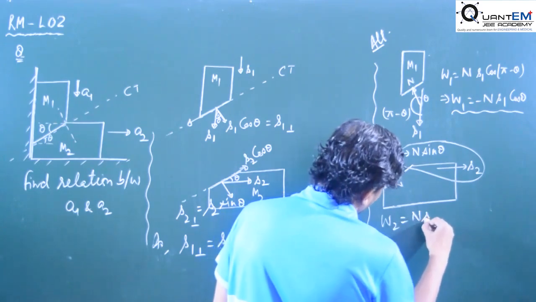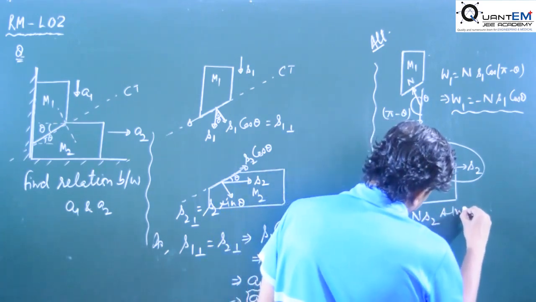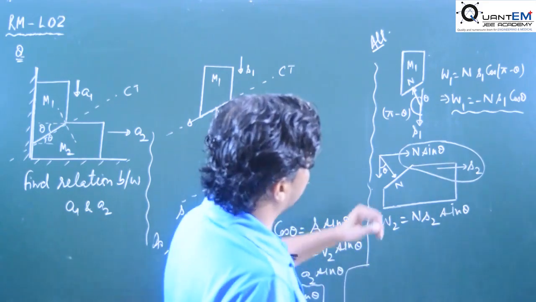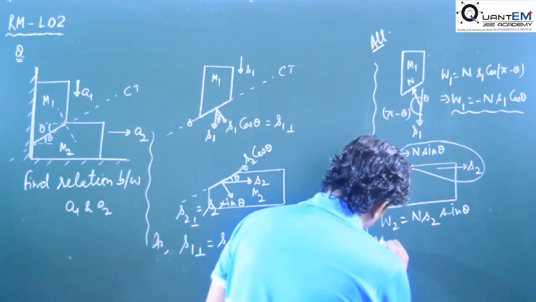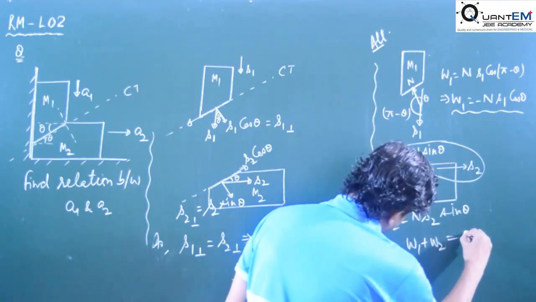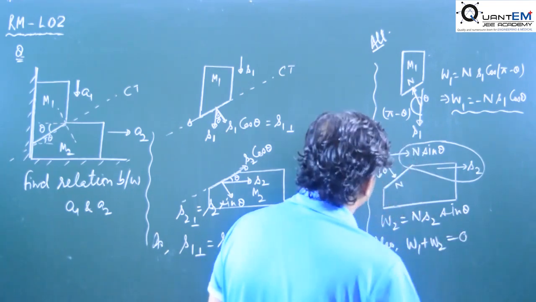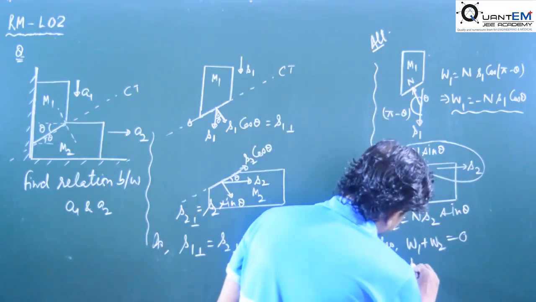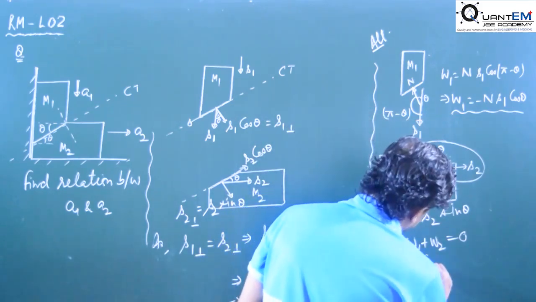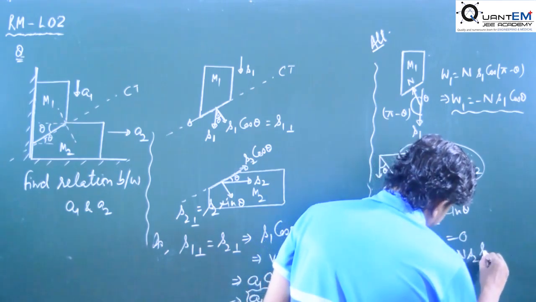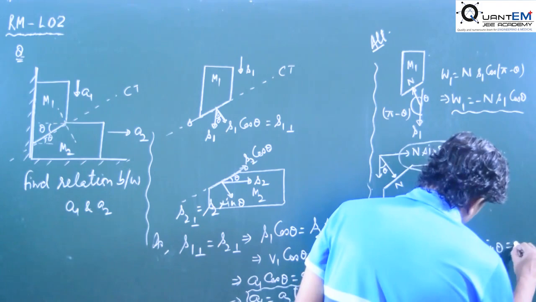That is N s2 sin theta. Now as we know, the net virtual work is what? 0. So we have W1 plus W2 is equal to 0. It implies that minus N s1 cos theta plus N s2 sin theta is equal to 0.